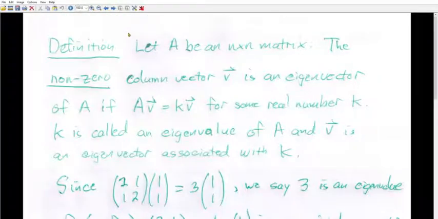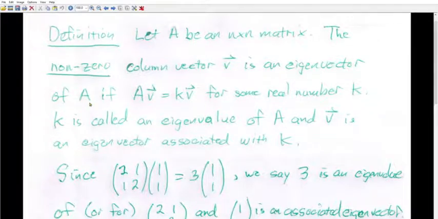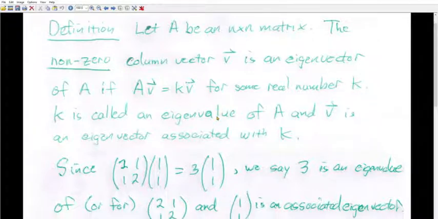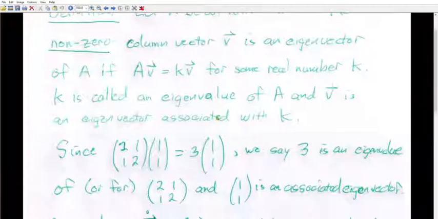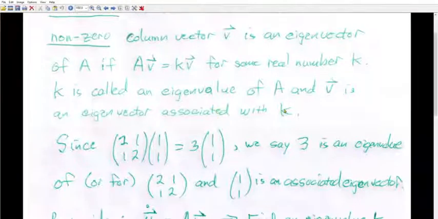Now, a definition: let A be an n by n matrix. The non-zero column vector v is an eigenvector of A if Av equals kv for some real number k. k is called an eigenvalue of A, and v is an eigenvector associated with that eigenvalue k.